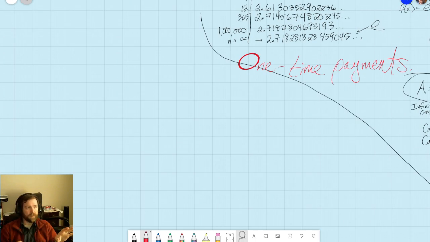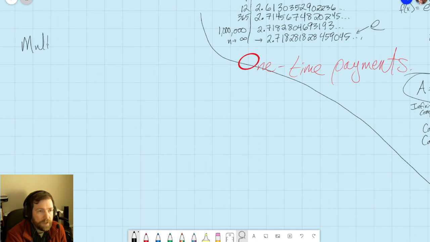So you put the money in the bank and you just kind of forget about it. But that's not really how the real world works, right? In real life, what generally happens is you make multiple payments. That might be called an annuity.